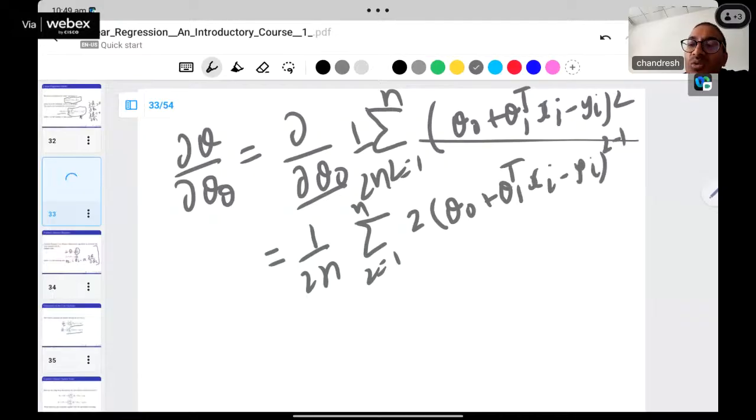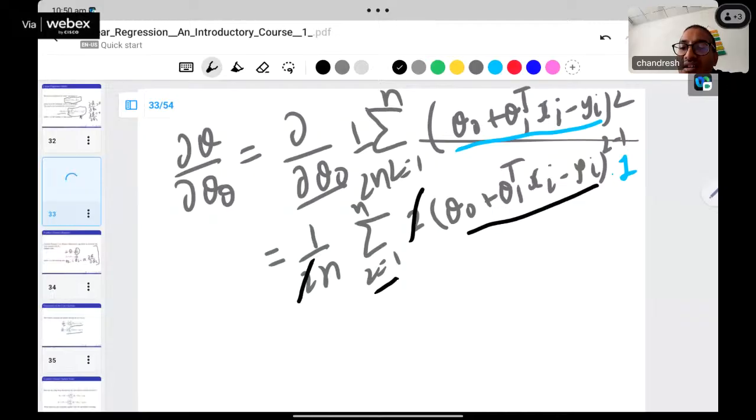Then we go inside the parenthesis and take the derivative of the whole thing with respect to theta 0. That gives us just 1, since the derivative of theta 0 with respect to theta 0 is 1, and the rest of the terms are treated as constants. So we cancel out the 2 and the 1 over 2, and we get 1 over n summation and this term.